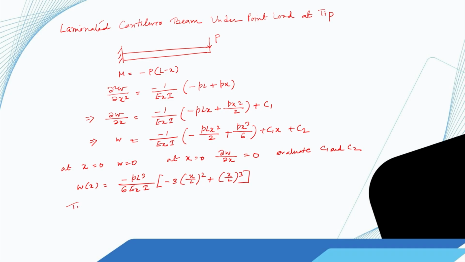and then we can write tip deflection, that means deflection at x equal to L. So, this beam has a length L. So, tip deflection is PL cube by 3 EI, and at the fixed end, that means at x equal to 0, we have bending moment maximum.